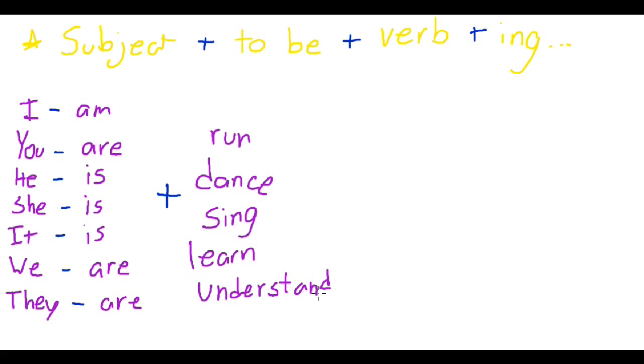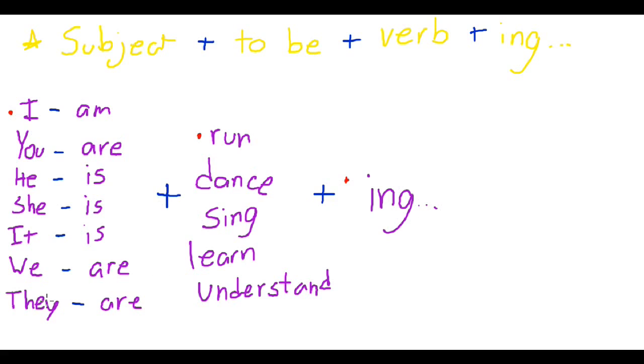Okay, so we have I am plus a verb, run, dance, sing, learn, understand. But that's not the end. We need plus ing, correct? So if we say plus, and then we add an ing word, okay, so now we have a sentence here. And if we combine them, for example here, we could say I am running, correct?